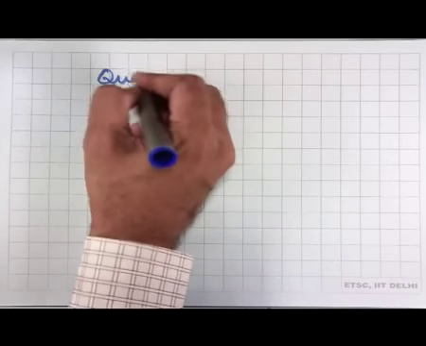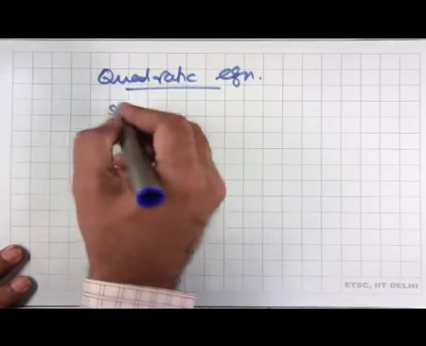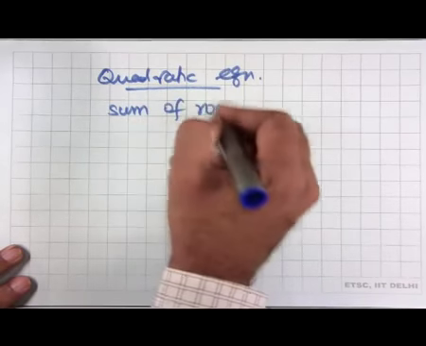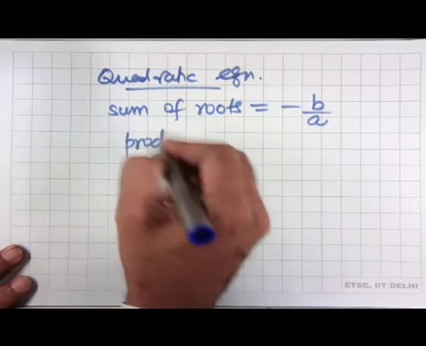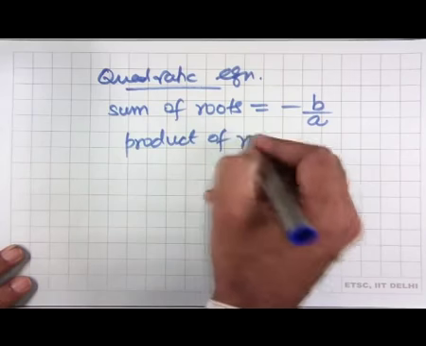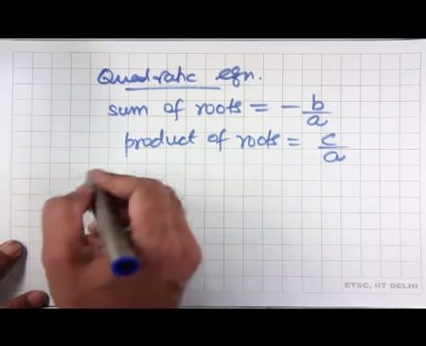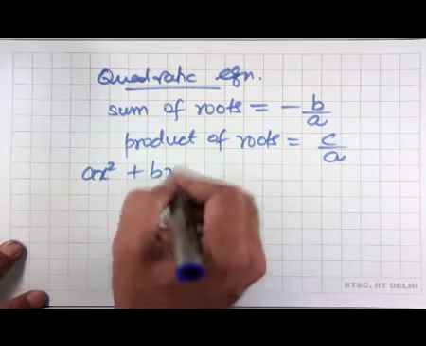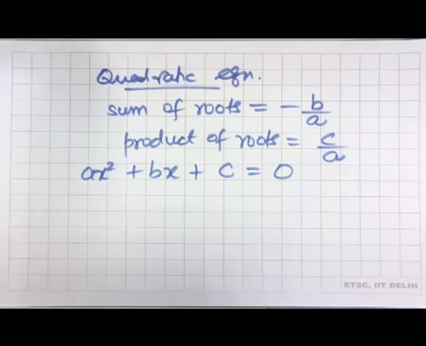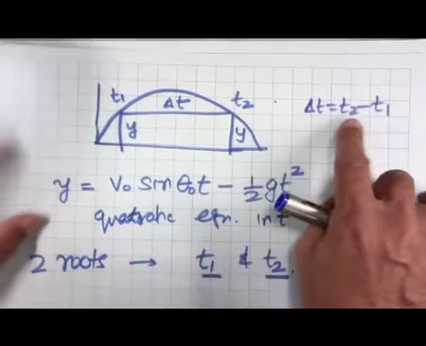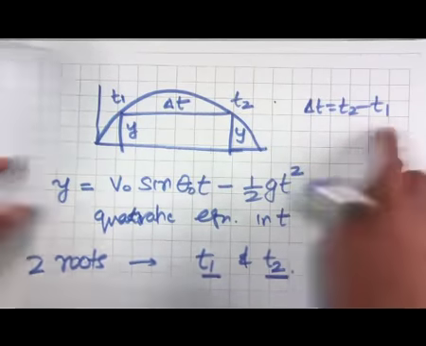Now, here when we work this out, because this is a quadratic equation, we know that the sum of roots is equal to minus b by a, and the product of roots is equal to c by a, where the equation is given by a x square plus b x plus c is equal to 0. So, if we want to find out t2 minus t1, then actually what we are looking at is the difference of the 2 roots.